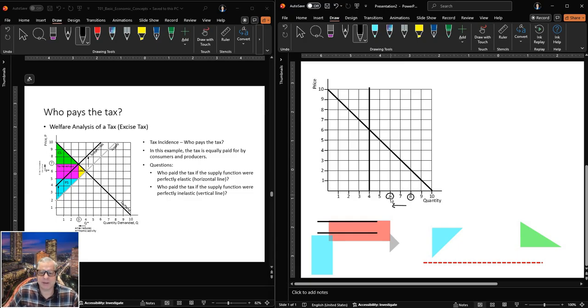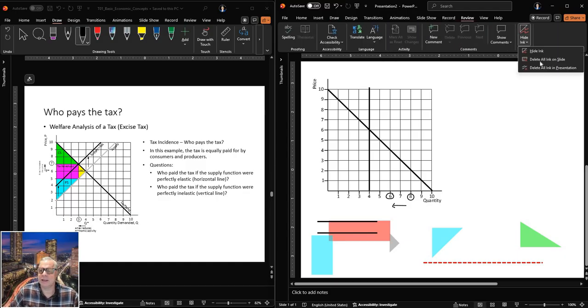If you have a vineyard, it's not easy to change the growing of grapes and switch to something else like apples. So very often the supply in agriculture is what we call highly inelastic. So if the prices change, the supply doesn't change. But we'll talk about elasticity later.